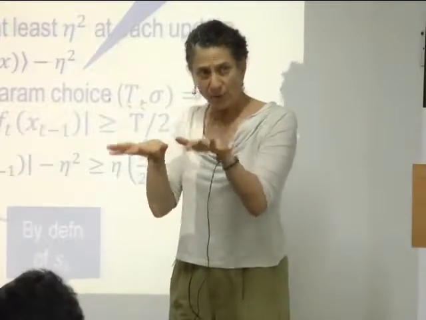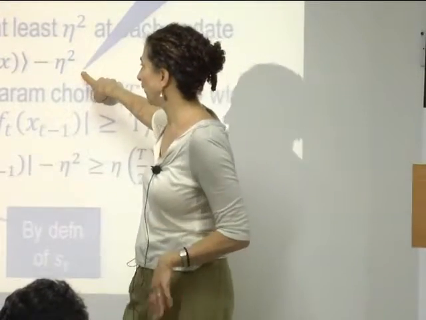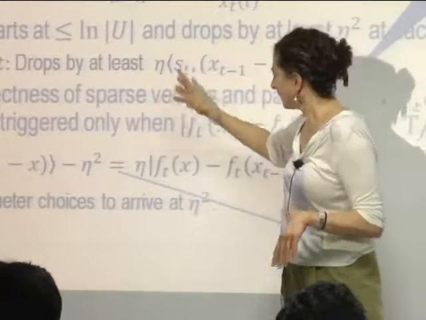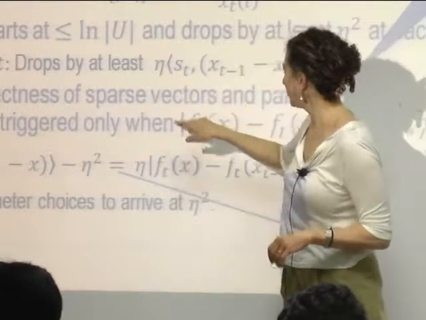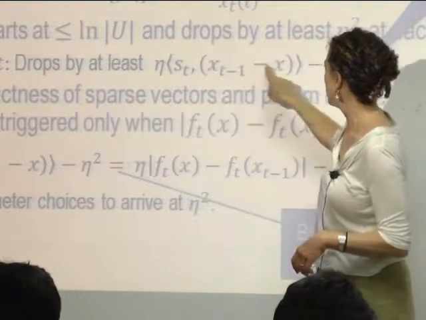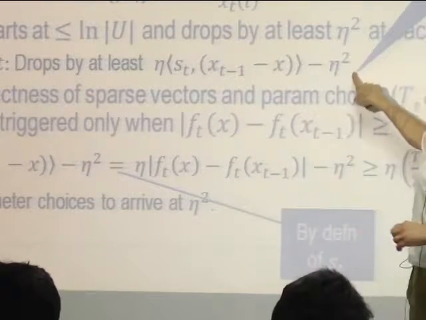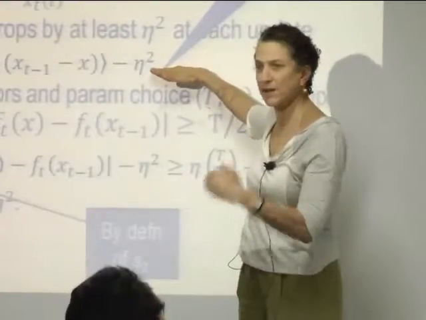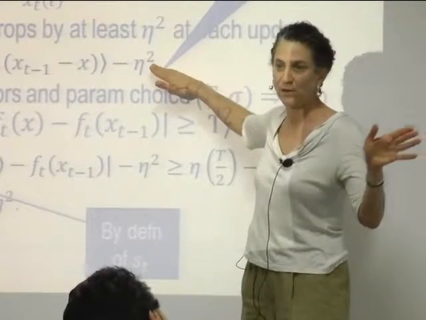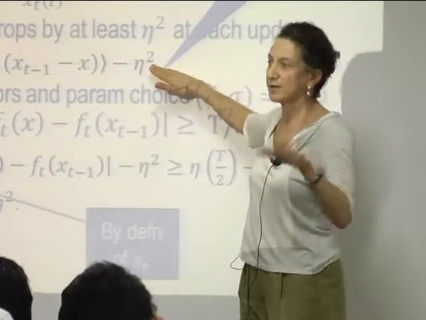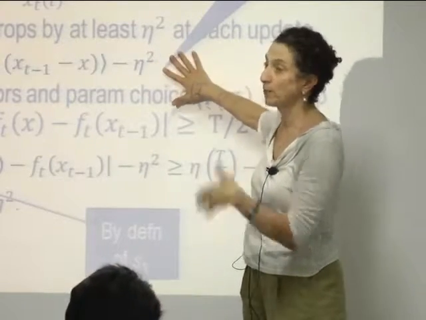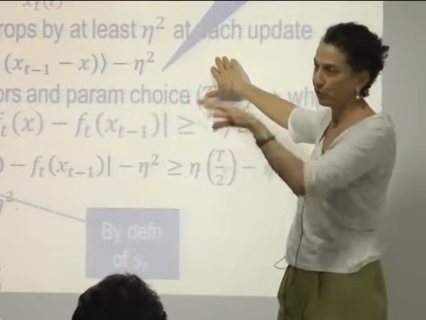The argument technically actually shows this, that at update t, it's going to drop by at least eta times the inner product of st and the difference between the estimate and the truth, minus eta squared. And again, that argument is not special to the fact that this is private multiplicative weights. This argument shows up in many kinds of multiplicative weights algorithms. And you can see this argument both in the private multiplicative weights paper, but also in the survey and the papers that the survey draws on.